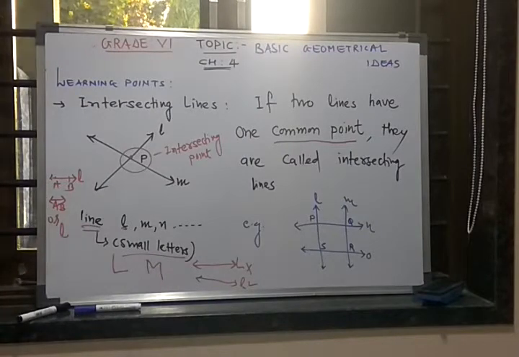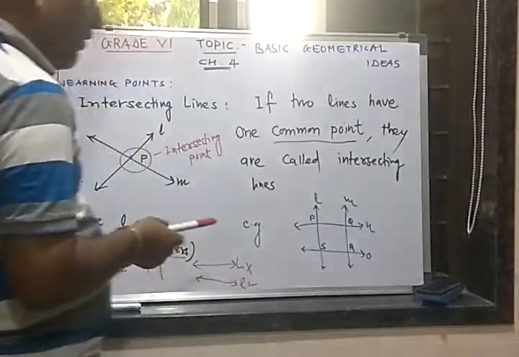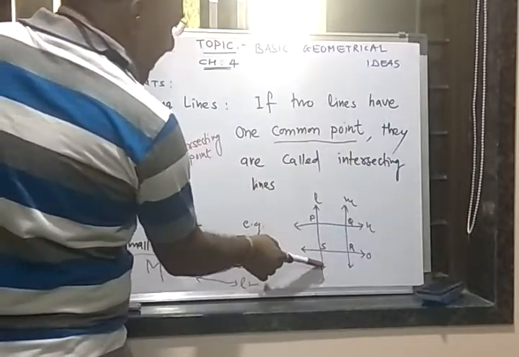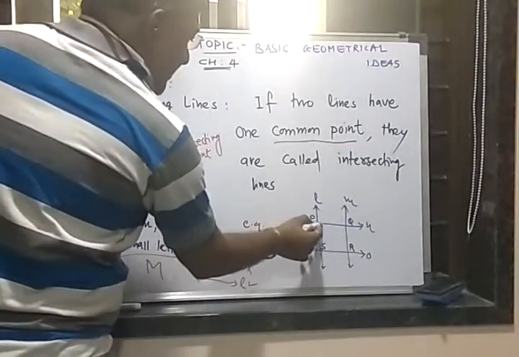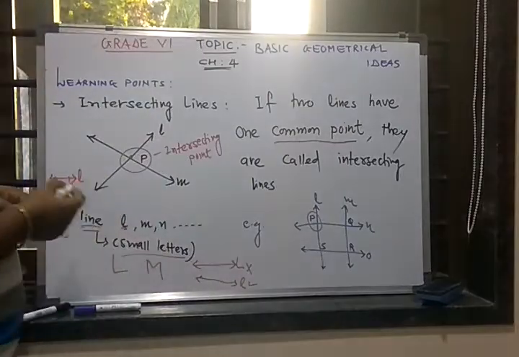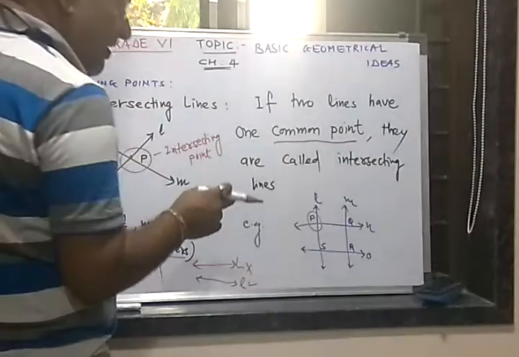Now you see, what is the common point of line L and line N? What is the common point? P. What is the common point of line M and L?